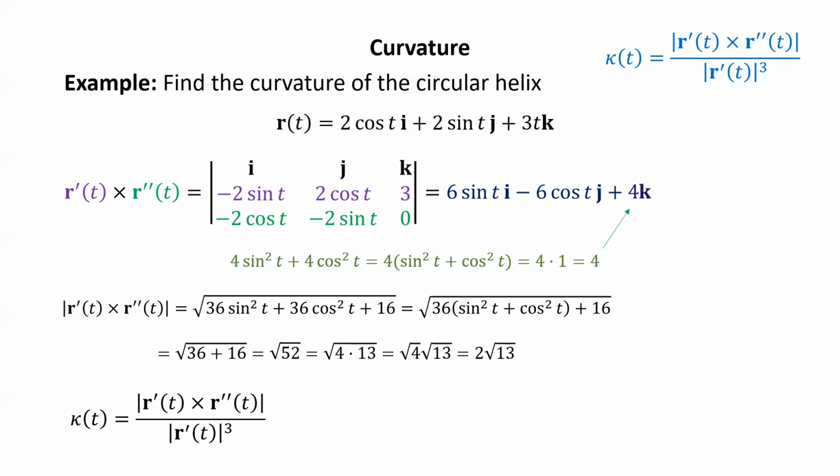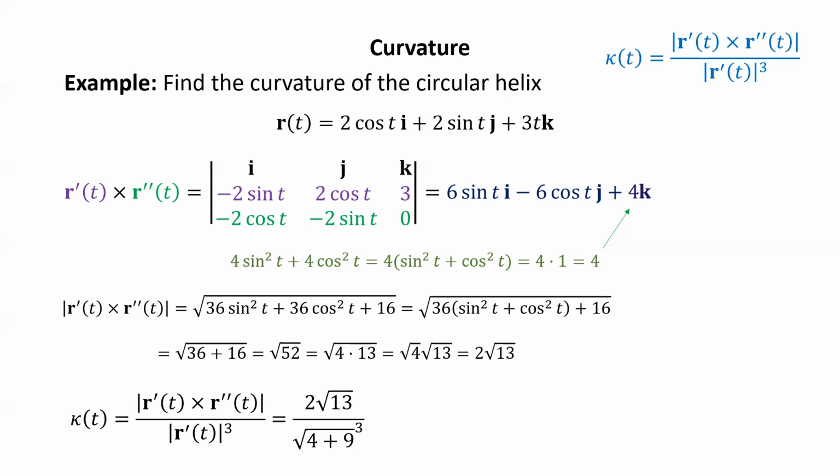Okay, now I'm going to go ahead and plug what we have into the formula for curvature. Up top, we already found that the length of the cross product is 2 root 13. And let me do the bottom here, the length of r prime of t. Now, to see r prime of t, just look at the purple row in that determinant there.